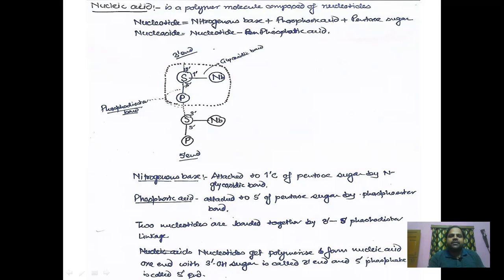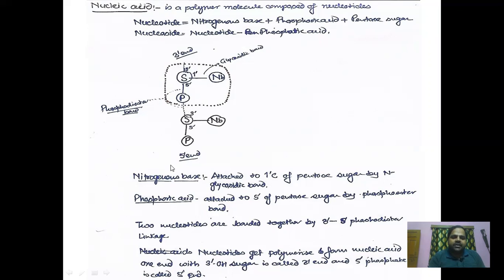So the nucleotide, as we have already seen, is made up of sugar, phosphate, nitrogenous base, phosphoric acid, and pentose sugar. We can see here that S denotes the pentose sugar, N is the nitrogenous base, and P is the phosphoric acid.